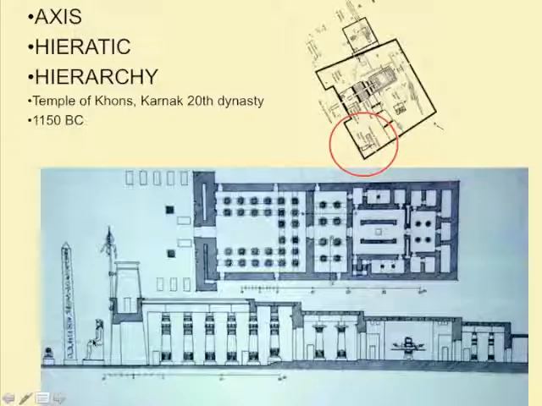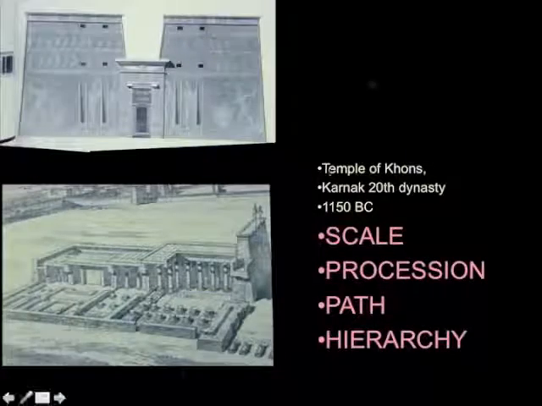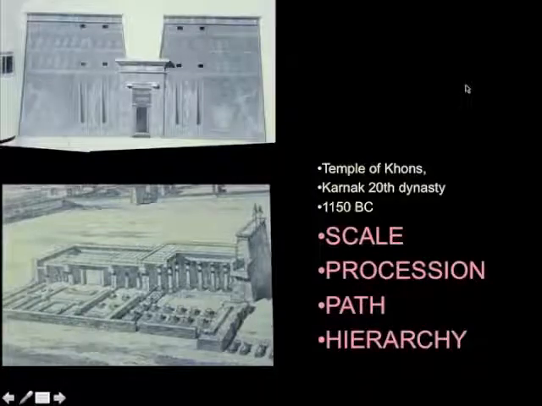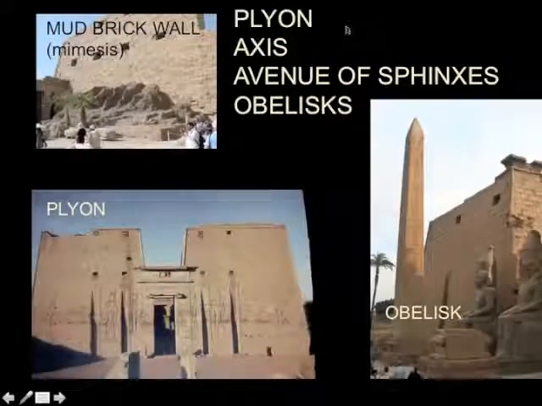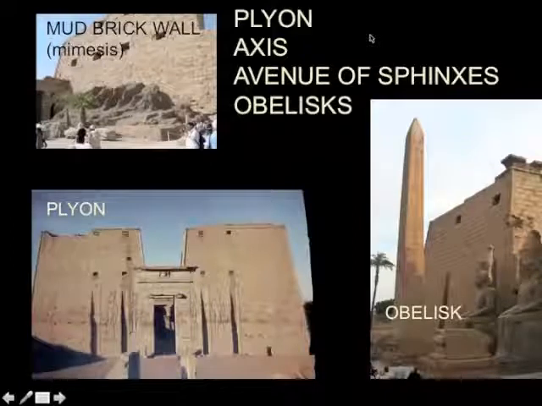So there are many, many things stretching out into the desert, enforcing the notion of procession, enforcing the idea of the axis, and a gate. And the gate we have is called a pylon. I'm just going to show you how the word is spelled. Pylon. P-Y-L-O-N.